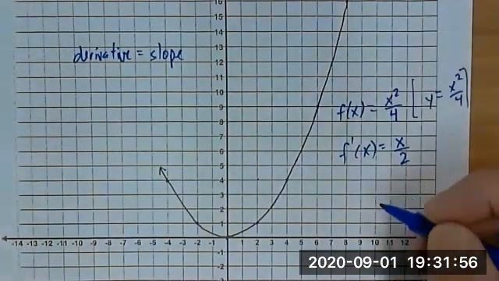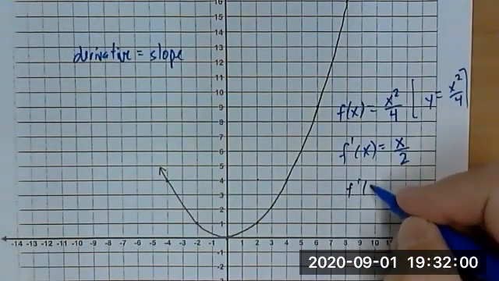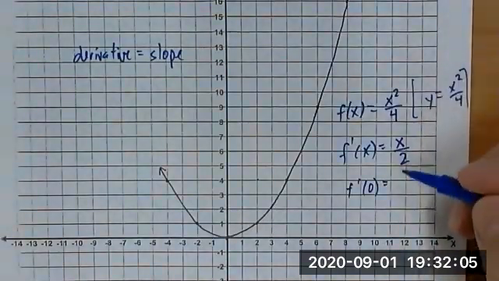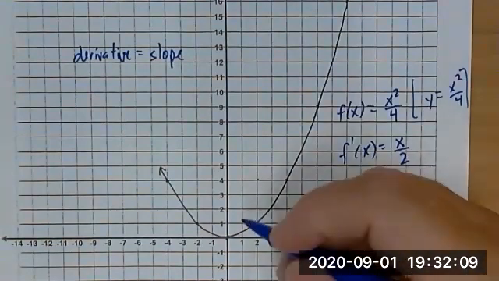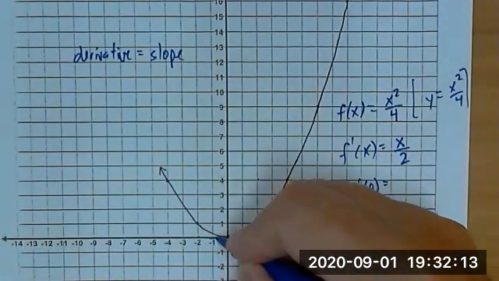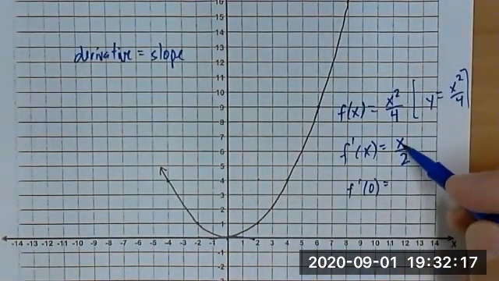Just for fun, let's say someone says, find the slope, and I say where, and they say, okay, find the slope when x is 0. So we go to our curve when x is 0. What would the tangent line be? It'd actually be a horizontal line. I go to my formula.